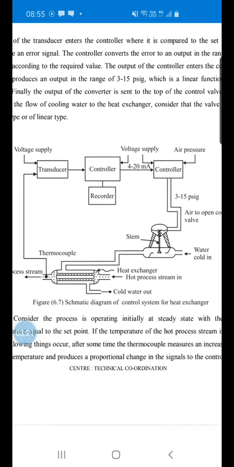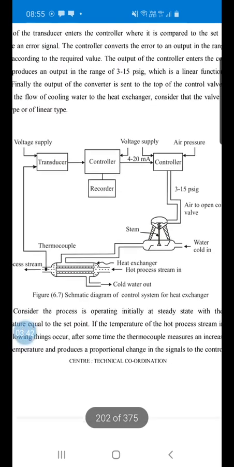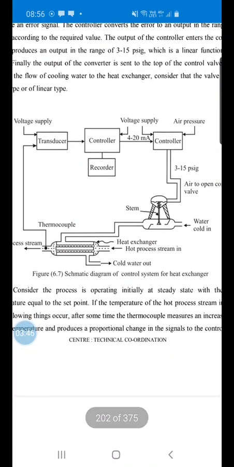So this is a diagram for the control system of the heat exchanger. The thermocouple measures and sends the signal to the transducer. The transducer converts this temperature signal to a current signal and sends it to the controller. The controller converts it into the error, again in the form of electric signals. These electric signals go from the converter to the control valve.